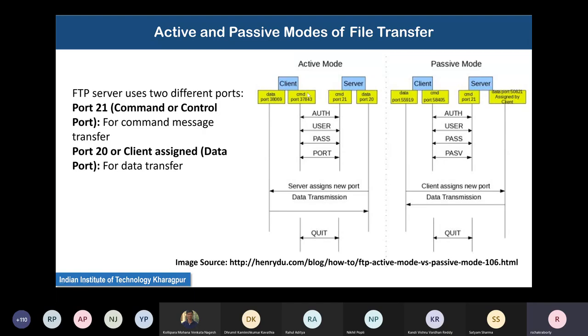In this case, yes, the client initiated the connection with the server, no doubt. But then the client tells the server, now you please initiate an incoming connection at my port. Which port? Port 38069. And the server initiates a TCP connection at that port.